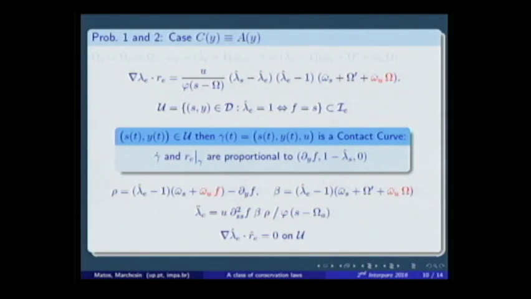Another important thing is that the projection works well on the contact curve. So that problem that I told you, when beta is equal to 0, usually they project not perpendicular.